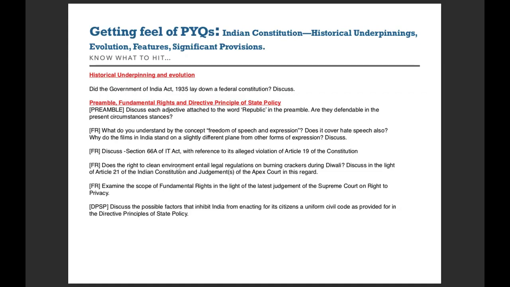Again, the right to a clean environment, and how it is interlinked to the right to life and liberty. This is a very important aspect. Some may think that this is related to current affairs because of the Supreme Court judgment, but having a very thorough knowledge of Article 21, what it all covers, and how broad the concept is, will obviously help you answer such questions even if you have not followed current affairs.